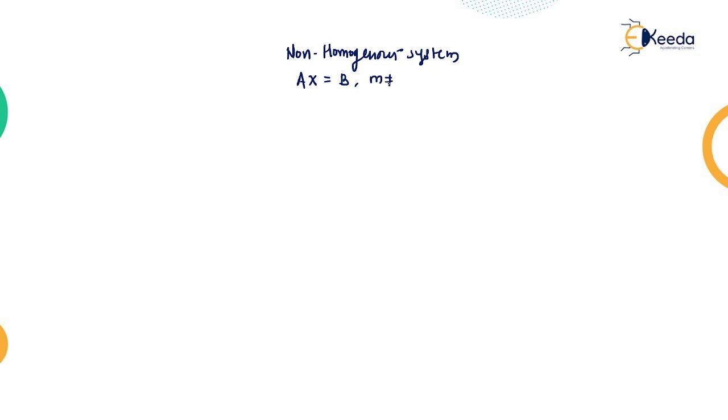Suppose m is not equal to n, means the number of unknowns is not equal to the number of equations, and also I am considering m is equal to n, means m equations, and that is equal to the number of unknowns, and suppose it is greater than 3.